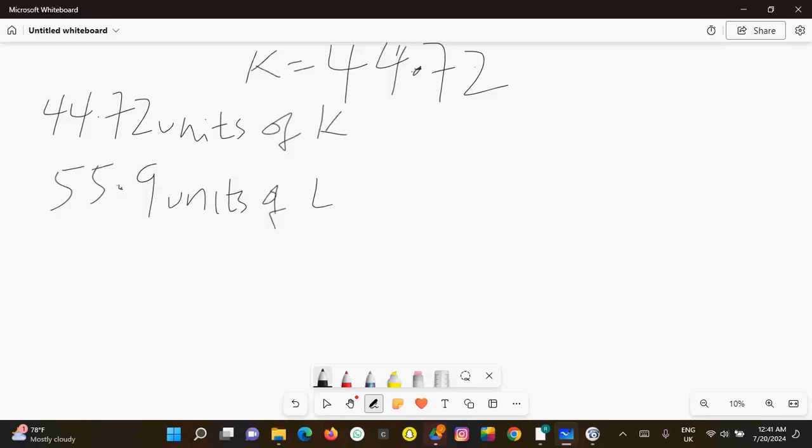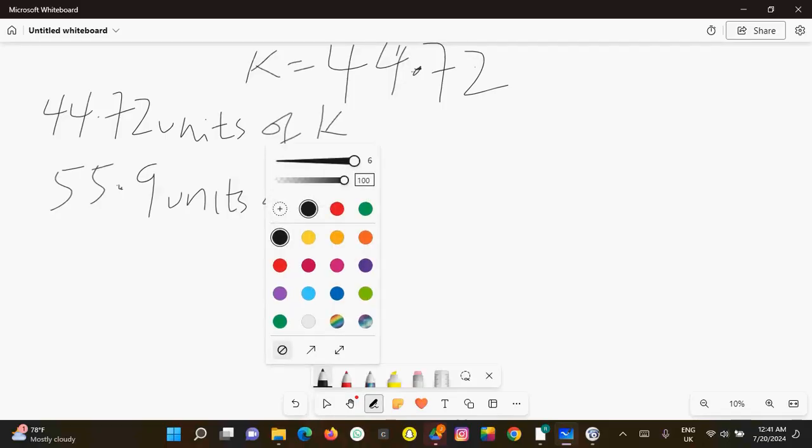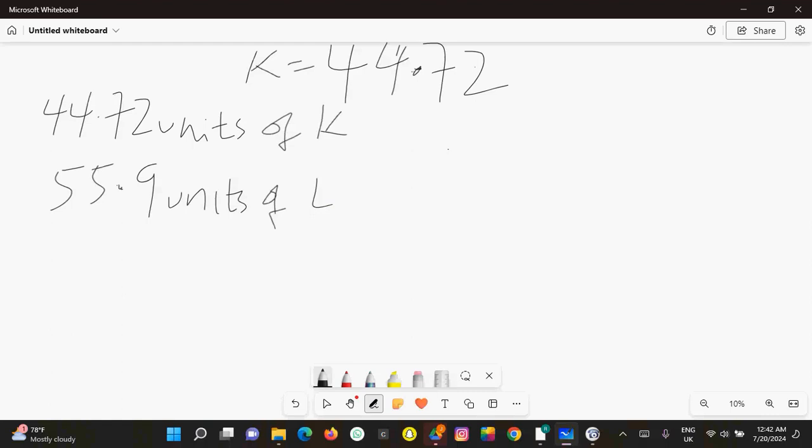So now remember the price of labor and capital, right? The price of labor is 4, and the price of capital is 5. Right? So remember the total cost function that we use, which is RK plus WL.